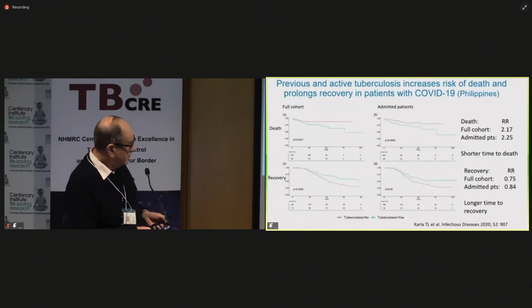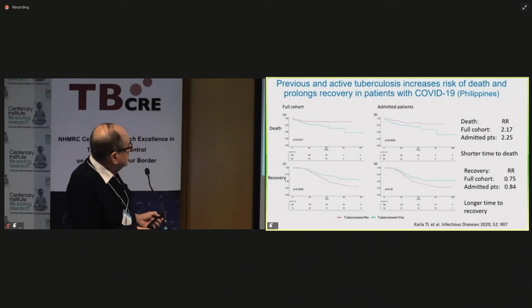And this is actually shown in this study from the Philippines, where they mapped the outcomes in a cohort of 500 COVID-infected patients, where they were comparing those with and without tuberculosis.